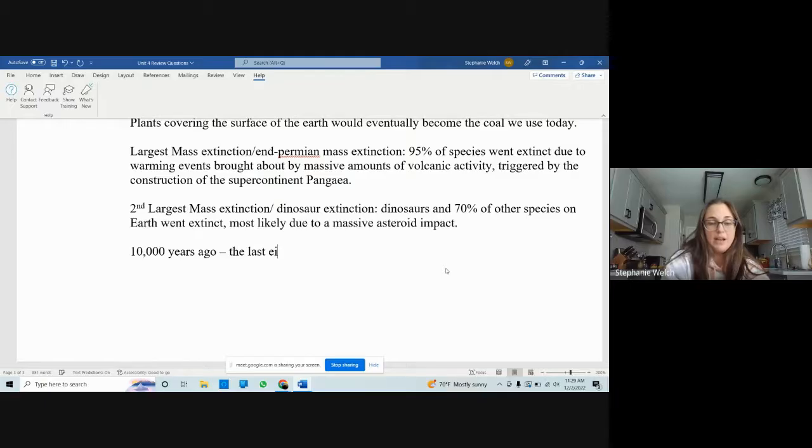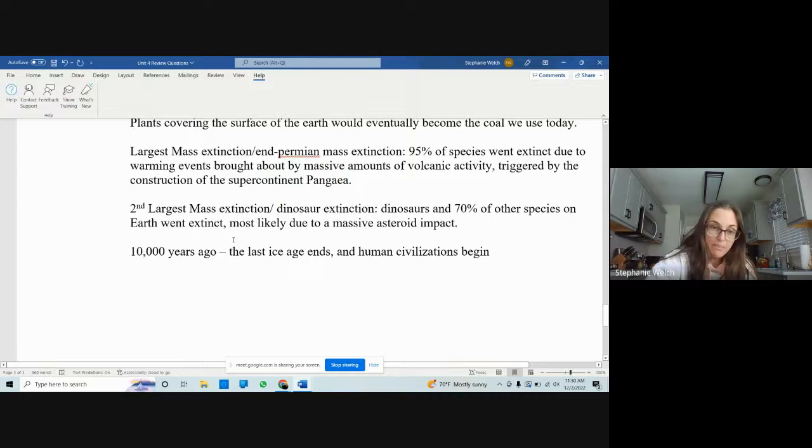The last ice age ends and human civilizations begin. When you compare just 10,000 years ago to the entirety of 4.5 billion years of history on planet Earth, 10,000 years is nothing. It's something on the order of 0.00001% of all of geologic time.